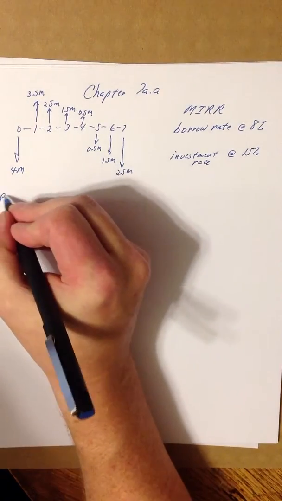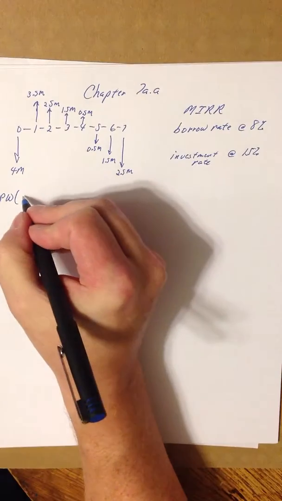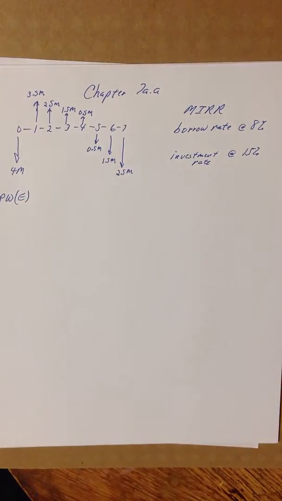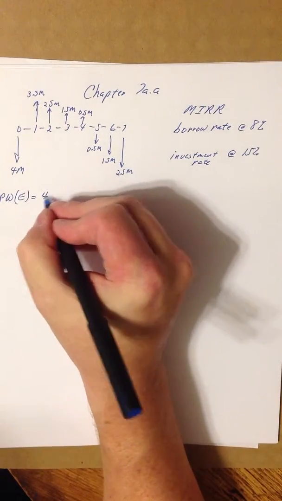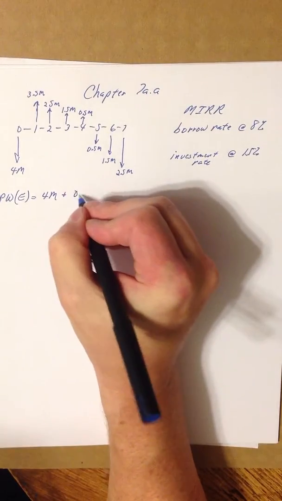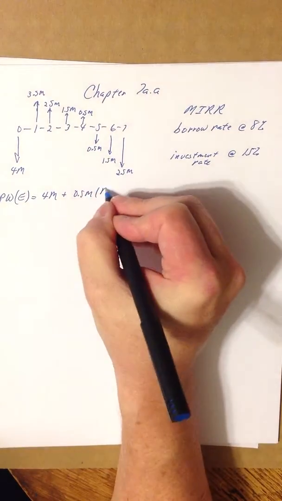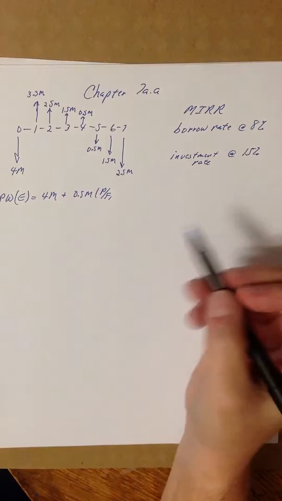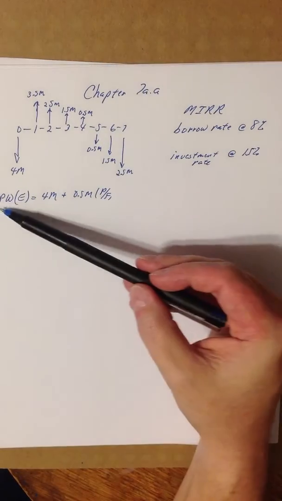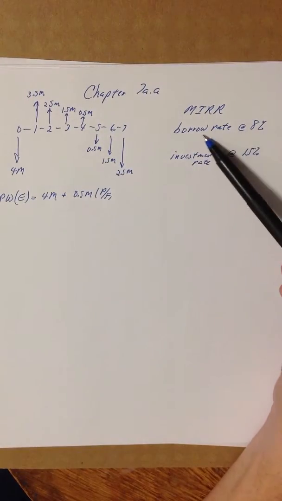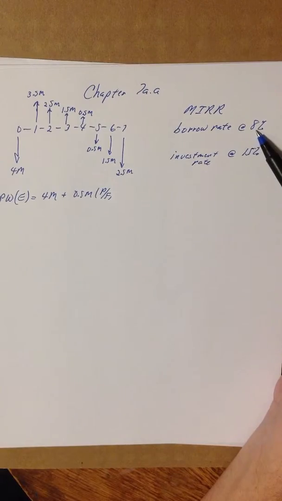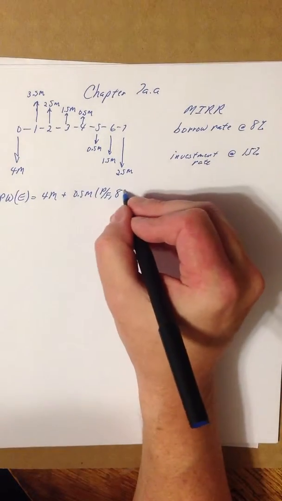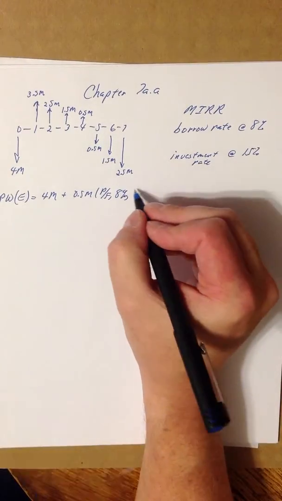So what we want to do is get the present worth of the expenses, or in this case the costs. It's going to be equal to the $4 million plus the $500,000, and we're going to find a P given an F, and the interest rate. The interest rate associated with the expenses is the borrowing or lending rate, which is 8%. So make sure that you don't get confused on which one to place here.